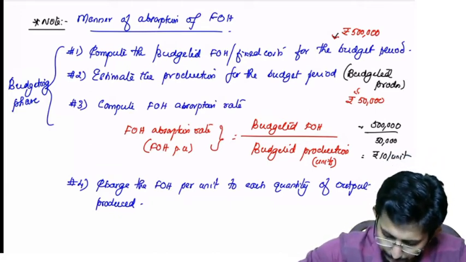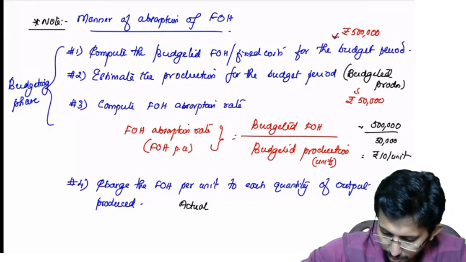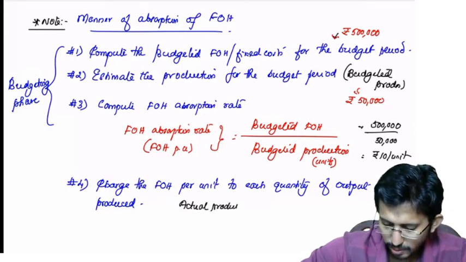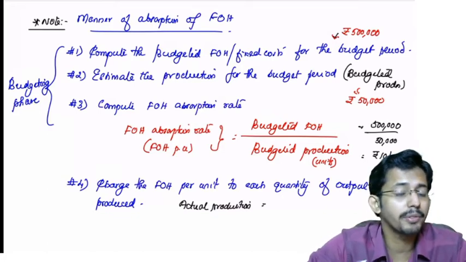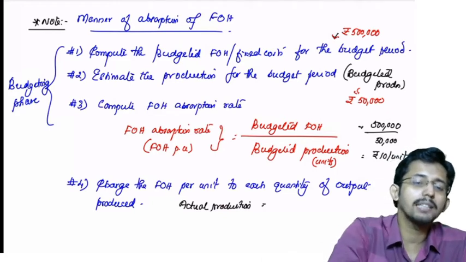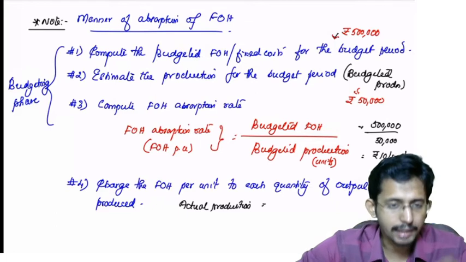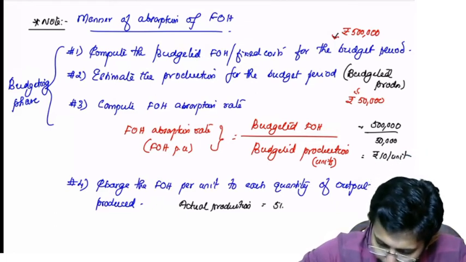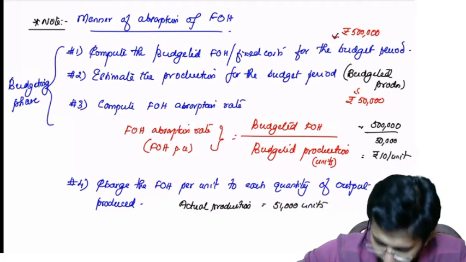Now during the particular period, actual production need not be 50,000 itself, because 50,000 is only a budgeted production. Actually, it may turn out to be 49,000 or 51,000 also, more or less than the budgeted. Let us say, actually, we produce 51,000. So what will happen?